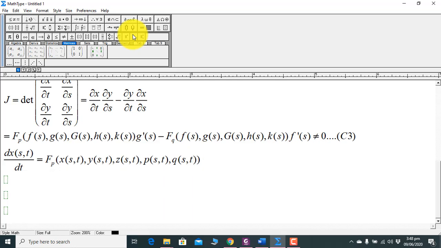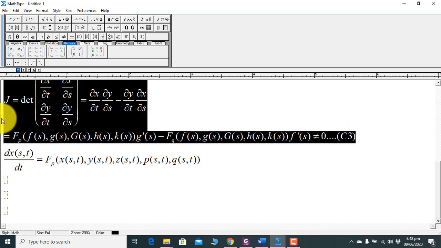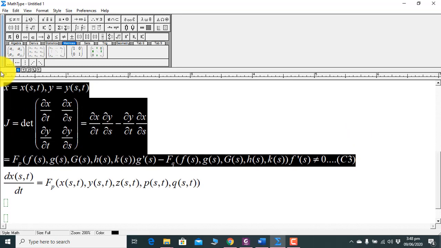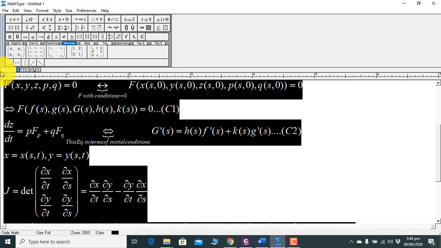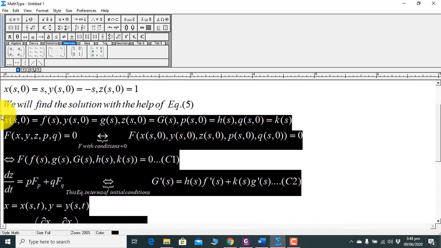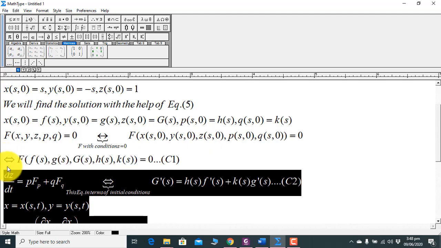Remember what we have done previously: we tried to analyze which conditions will be used to find the conditions for p and q.